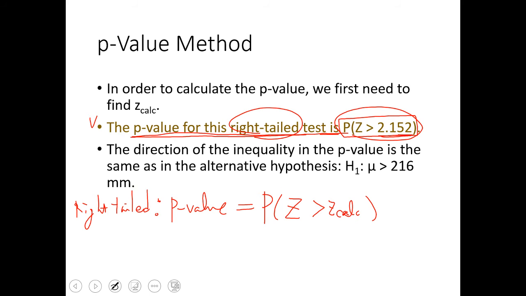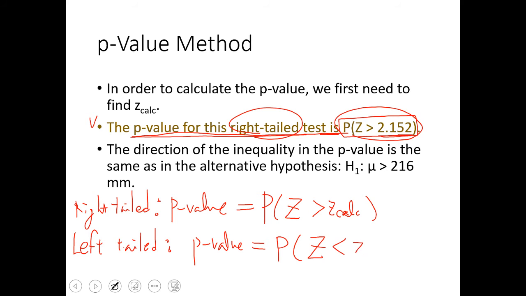Then if we have the left-tailed test, the p-value is obtained by the probability that Z is less than the z statistic, where in both of these equations, capital Z is the standard normal distributed random variable.